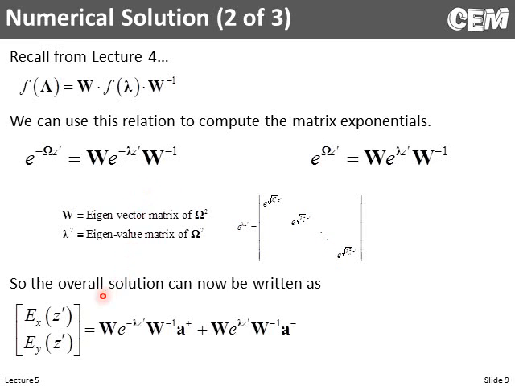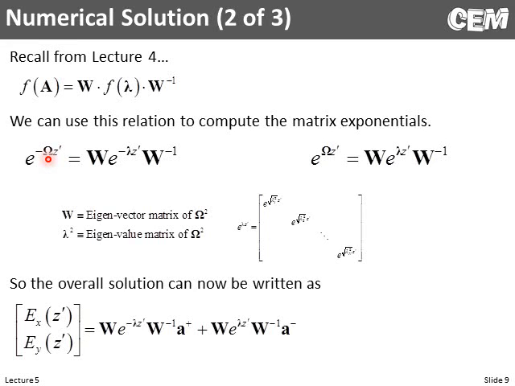Okay, so now we write our overall solution this way. We have the electric fields, we have our forward modes, and our backward modes. Another thing that I want to point out is we had originally calculated omega squared, but here we only have an omega.